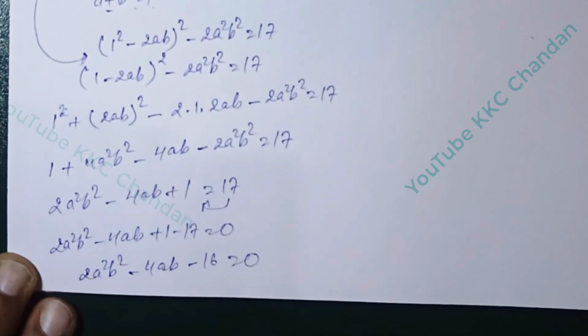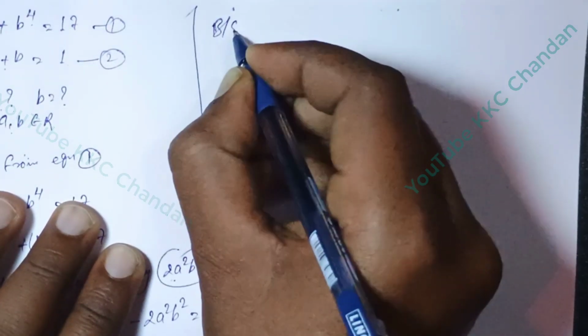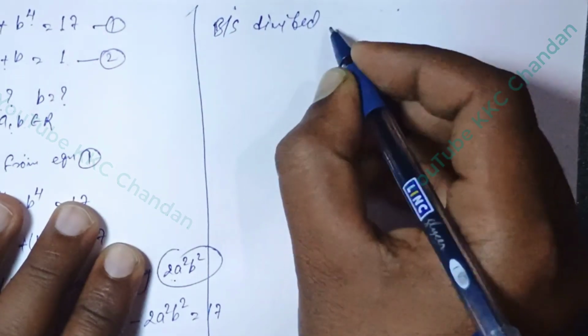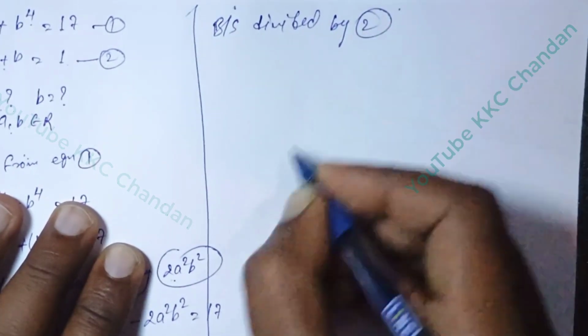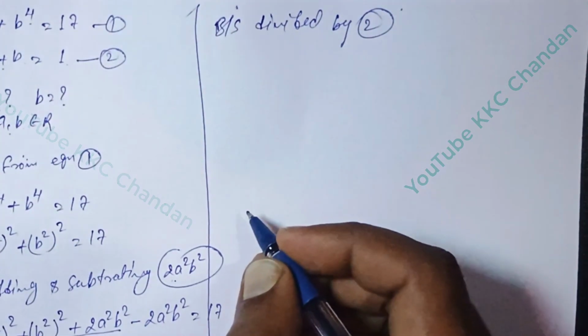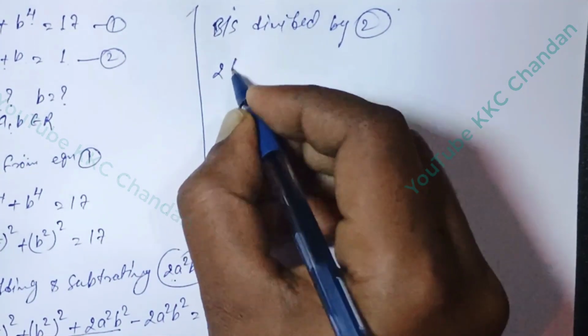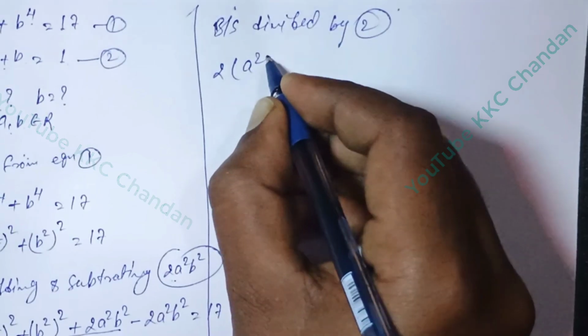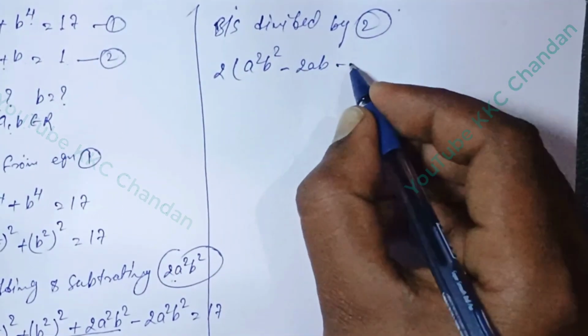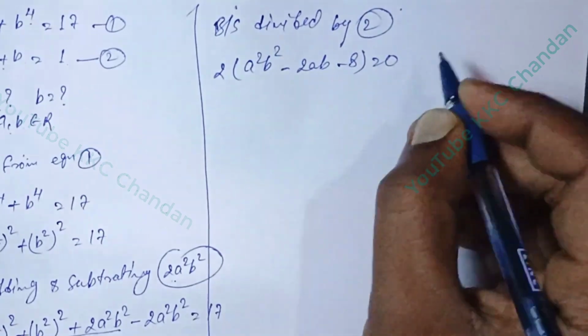After the next step, both sides divided by 2. See here, next step, 2 into bracket open a square b square minus 2ab minus 8 bracket close is equal to 0.